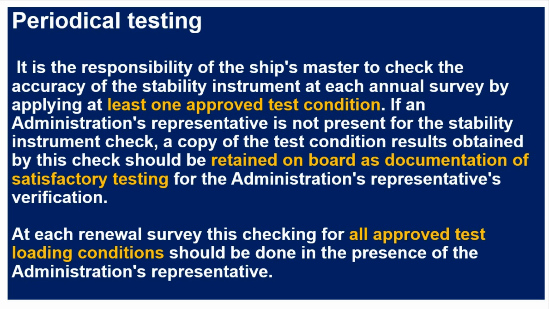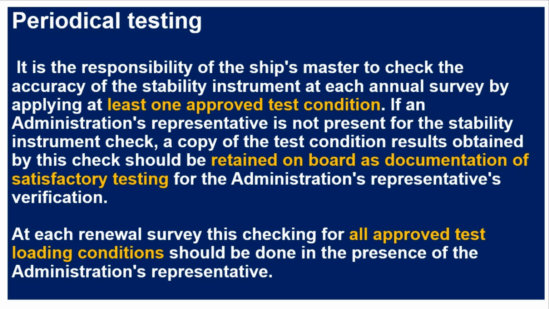Periodical testing is carried out annually and during renewal surveys to ensure the system remains accurate. It is the responsibility of the ship's master to check the accuracy of the stability instrument at each annual survey by applying at least one approved test condition.